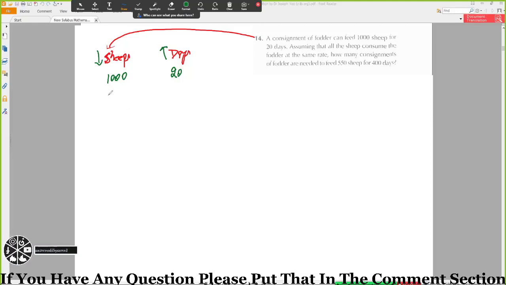Okay, so for 550 sheep and 400 days, we actually have three variables present in this question. One variable was hidden, which you only notice after solving the question. So you should be very, very careful in these types of questions.